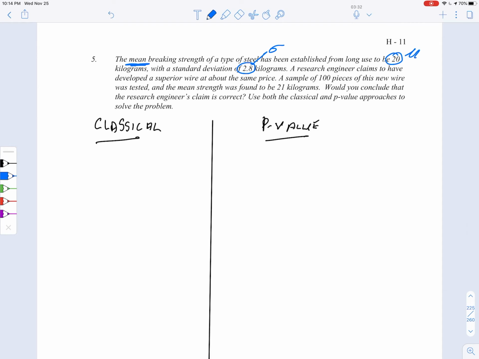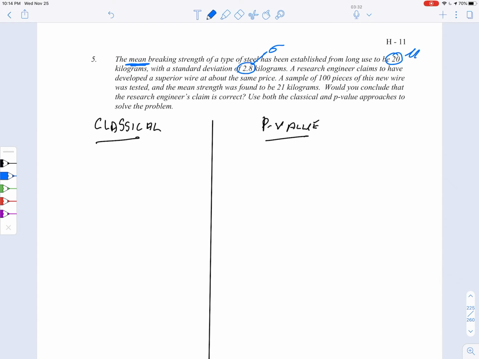So that's a sigma, right? This was the mean breaking strength, or the average breaking strength. Doesn't say anything about a sample. This is talking about a population value. So mu is equal to 20, sigma is equal to 2.8.